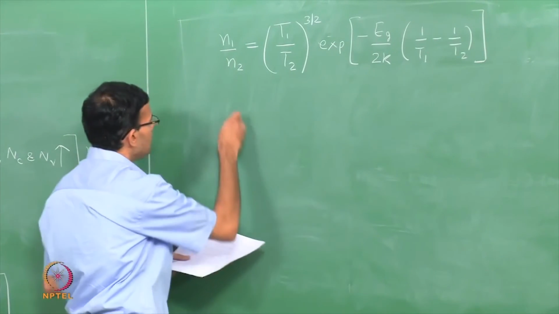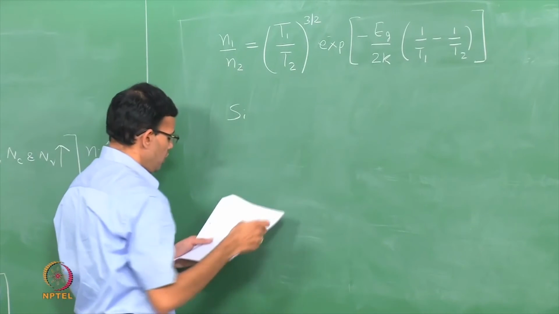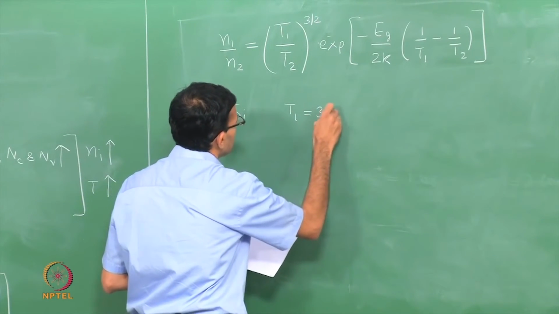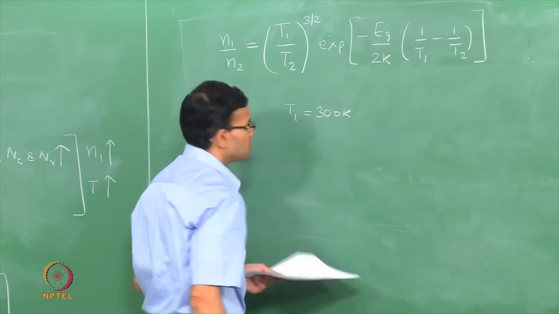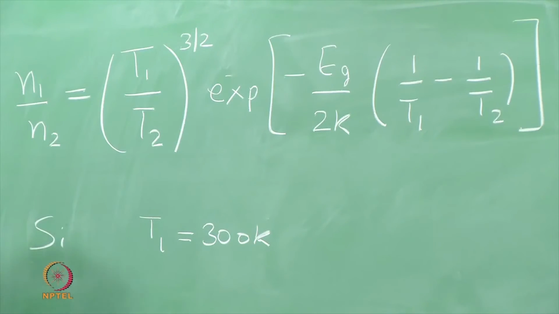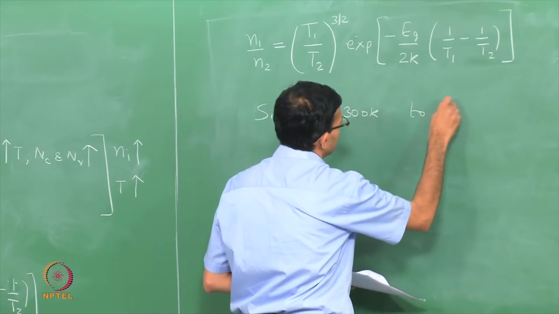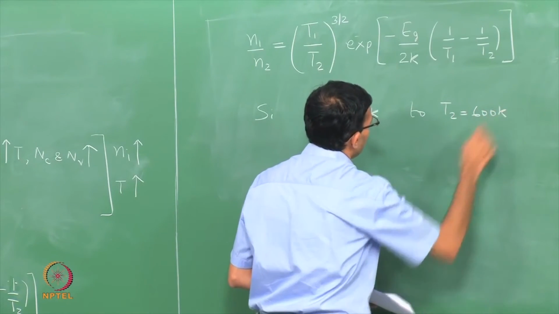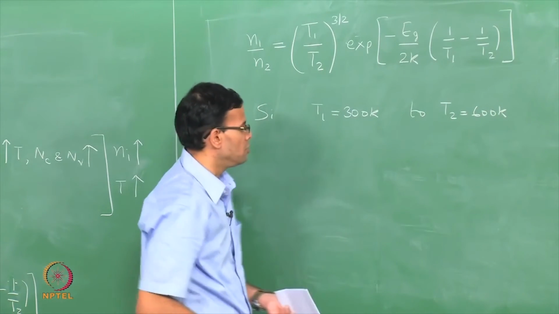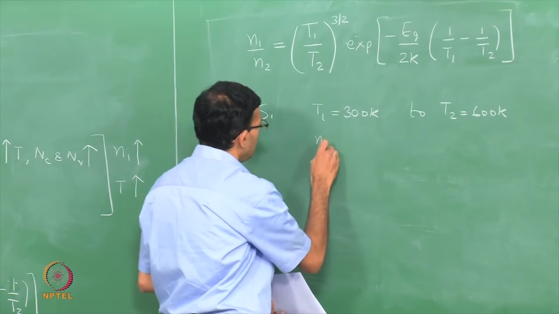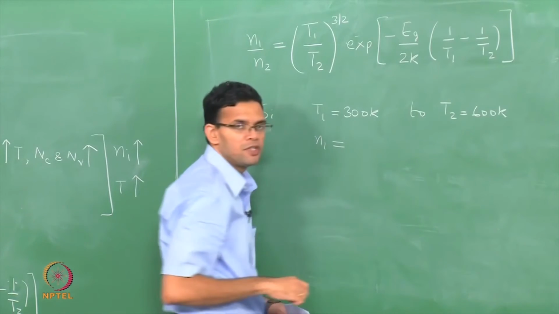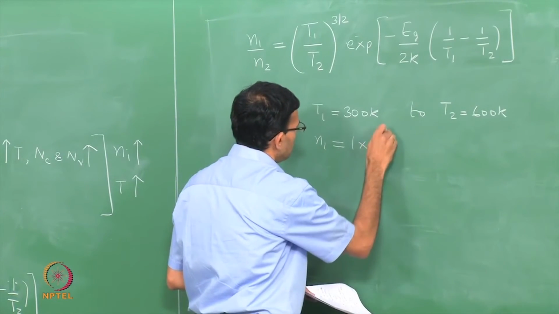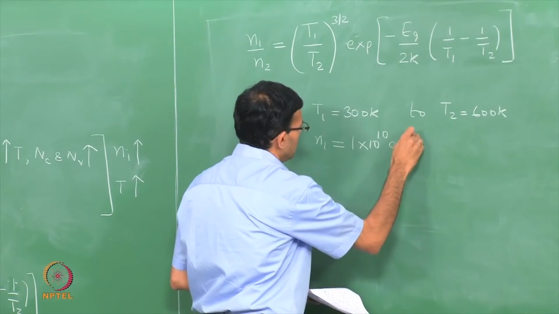So, if we have silicon and we increase the temperature from 300 Kelvin to 600 Kelvin, so we double the temperature, we want to know what the change in carrier concentration is. At 300 Kelvin, which is room temperature, N1 has a value of 10 to the 10 per centimeter cube.